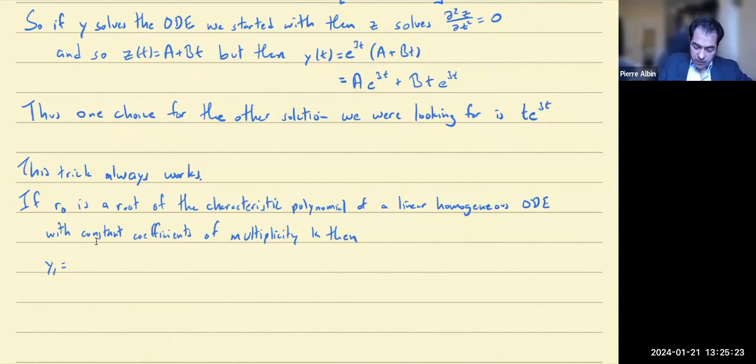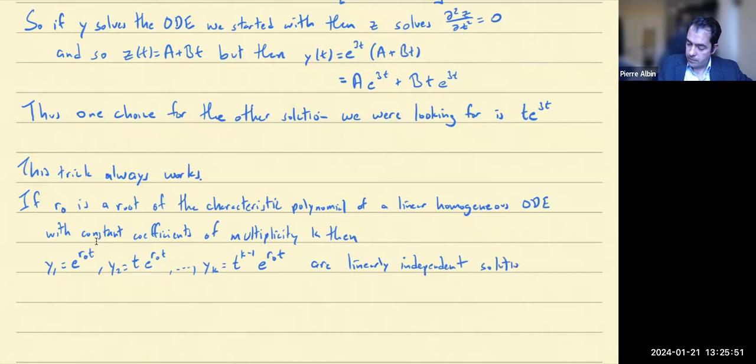So here they are. Take e to the r0 t, then take t times e to the r0 t, and so on until the kth solution would be t raised to the k minus 1 times e to the r0 t. These are linearly independent solutions.